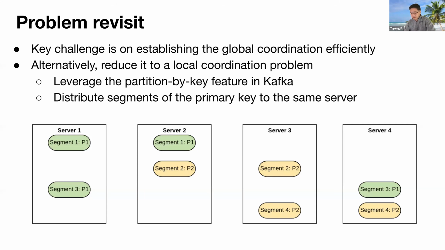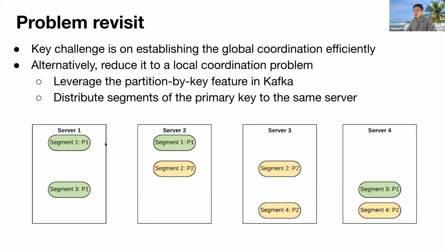One, use some centralized system like Zookeeper or a Raft protocol to manage the state. Or alternatively, we can reduce this into a share nothing architecture, which basically partitions or shards the data into different partitions.